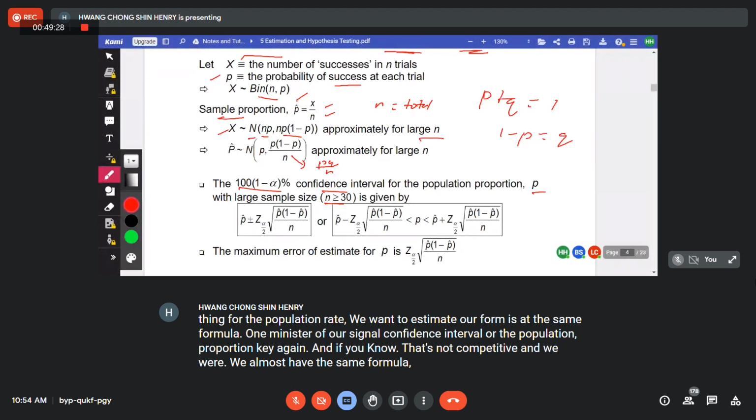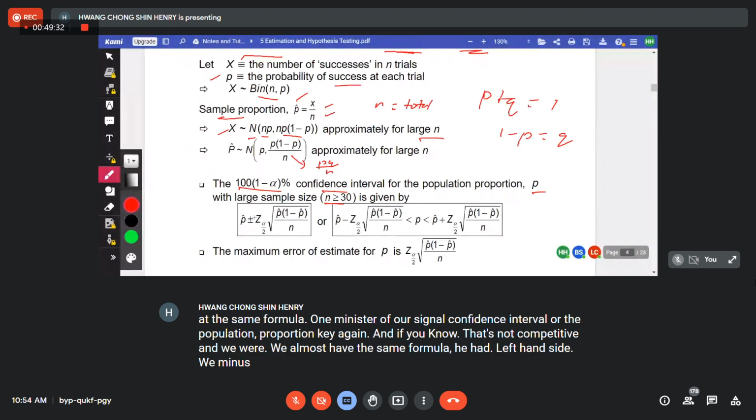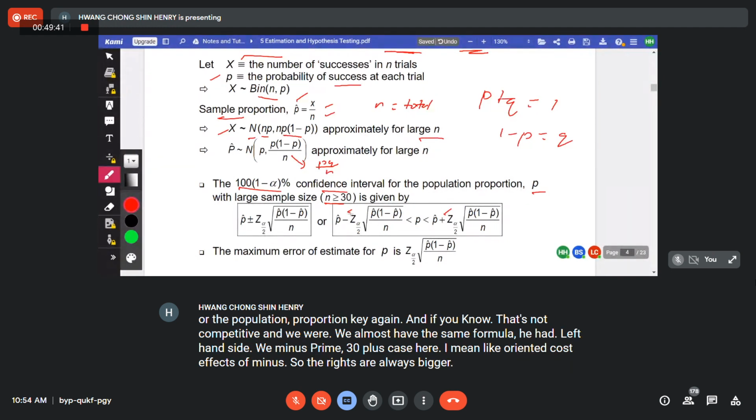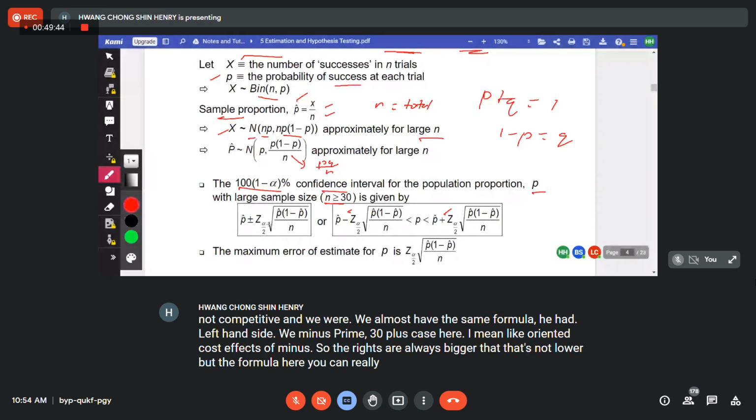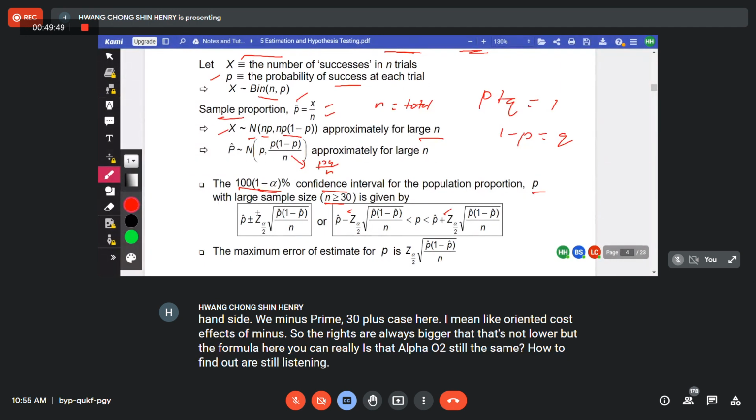P hat: left hand side minus, right hand side plus. The right hand side is always bigger than the left, lower and upper. But the formula here is different. The Z alpha over 2 is still the same, and how to find alpha is still the same.